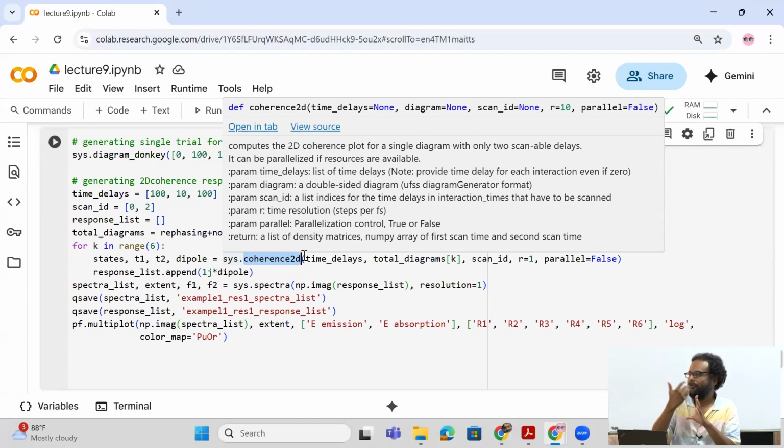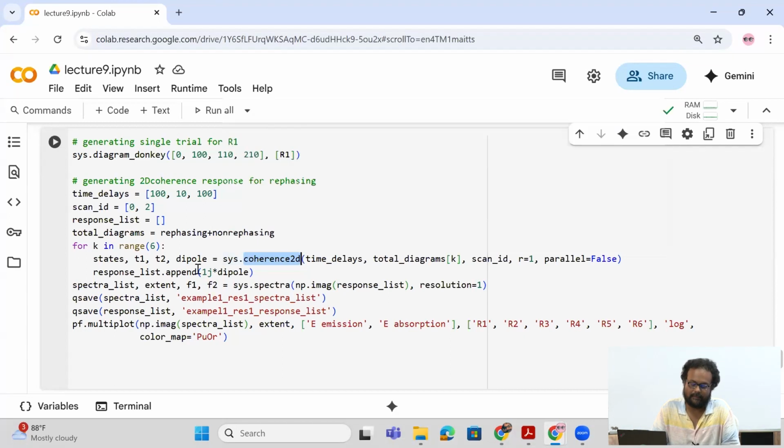So it comes up as a 2-dimensional interferogram, because both will be time-oscillating things, and then you do a 2D Fourier transform of that. This gives you the 2 time axes, and of course you'll have both the dipole and the states. We are interested only in the dipole, because that's what the final coherent emission is mostly.